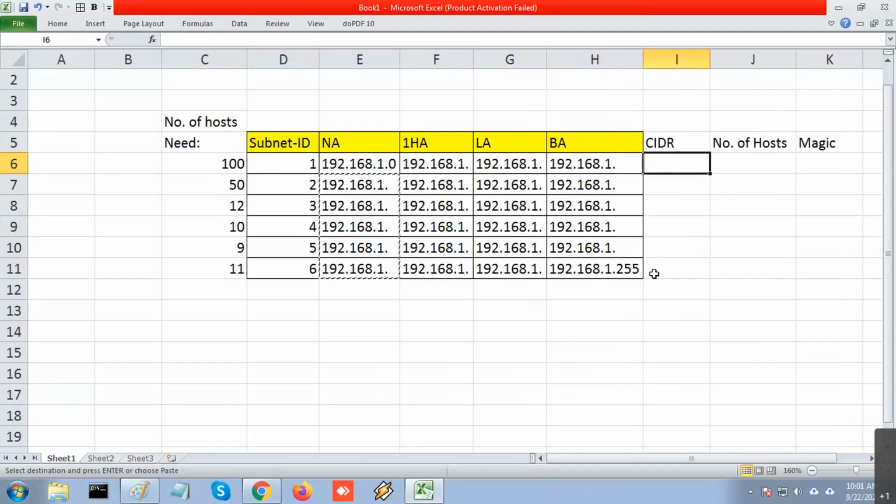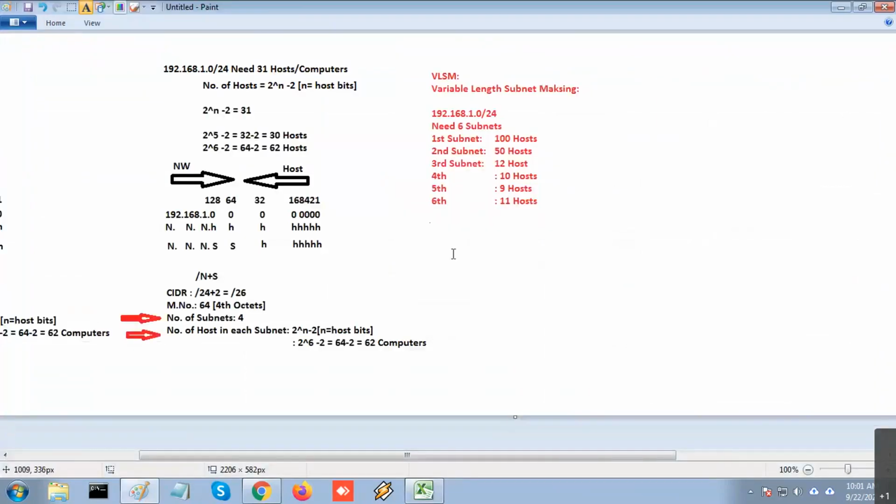Why 31? Because how many hosts will you get? Say, for example, if you say 31, 192.168.1.0 and then the bits, so how many S will be there?